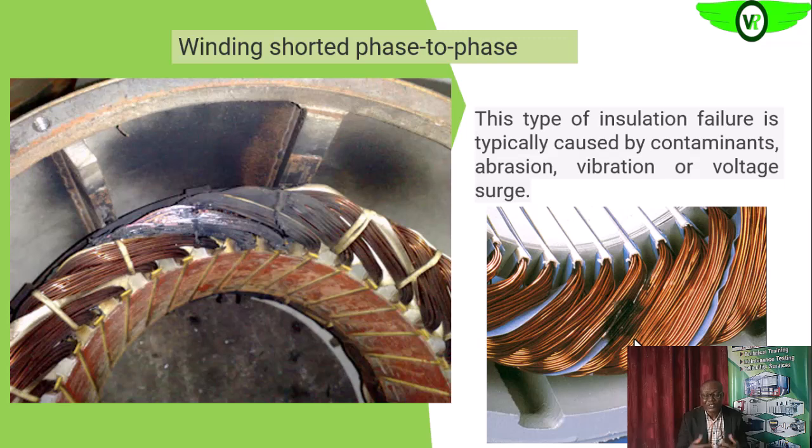Then voltage surge also. Remember, the insulating material used to separate has its own breakdown voltage. Beyond that breakdown voltage, it will fail. So if the surge that came in is higher than its breakdown voltage, it will also fail.